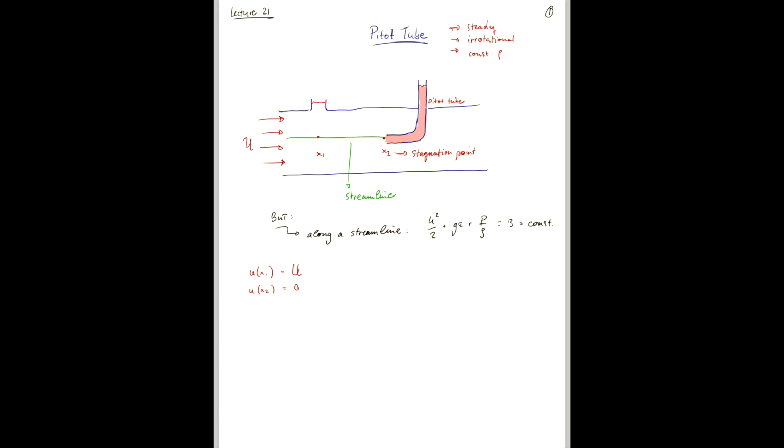We can then write our equation here as Bernoulli at x1 has to be the same as Bernoulli at x2, since both points are on the same streamline. And Bernoulli at x1 is just u squared over 2 plus gz plus p at x1 over rho.